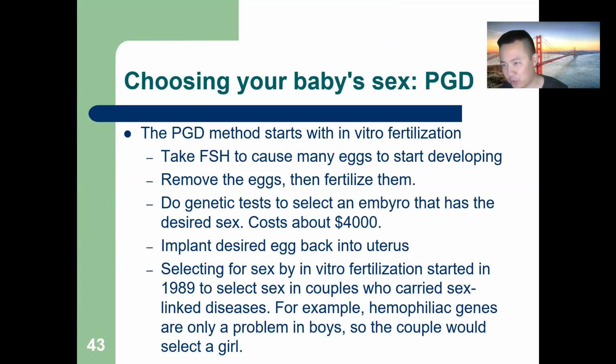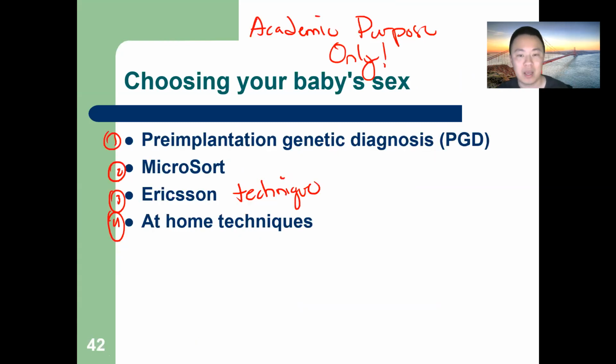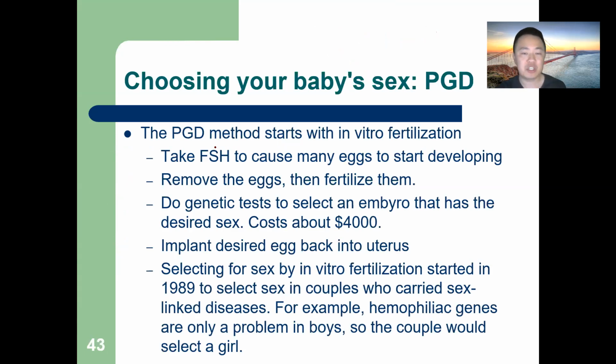Let's talk about the first one, the pre-implantation genetic diagnosis here. Okay. The PGD method starts with in vitro fertilization. And what they do is that they take follicle stimulating hormone, and that causes mainly the eggs to start developing. So they'll take a high amount of this follicle stimulating hormone, and then they'll remove the eggs, just like we discussed moments ago, and then they'll fertilize them in vitro.